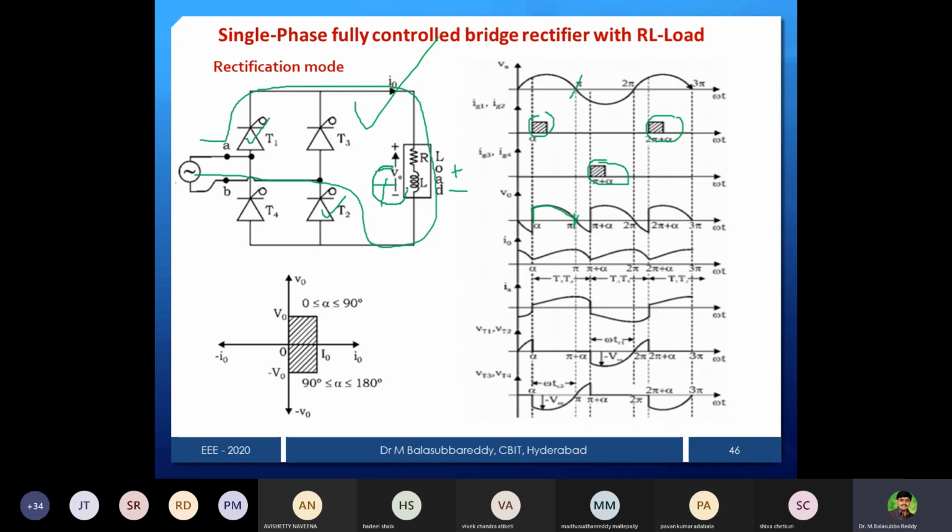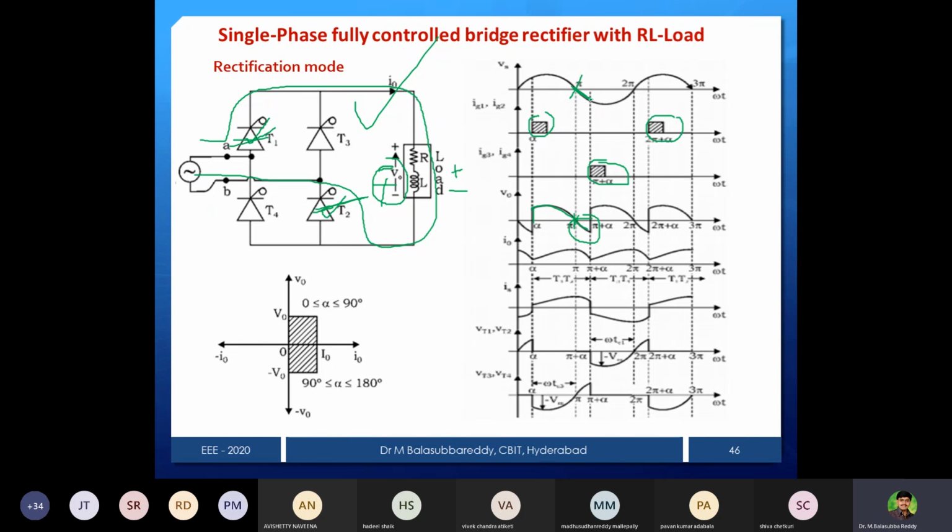So once these polarities are reversed, the same device is going to conduct some more time. Why that some more time? Because of the energy stored in the inductor. While it is dissipating, what will happen? The output is the same as the source, but the source is negative after pi.